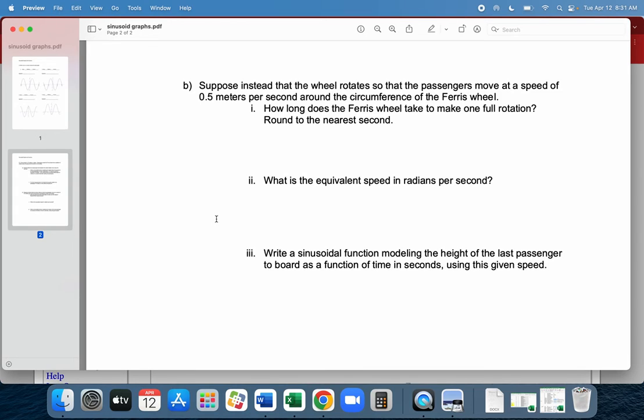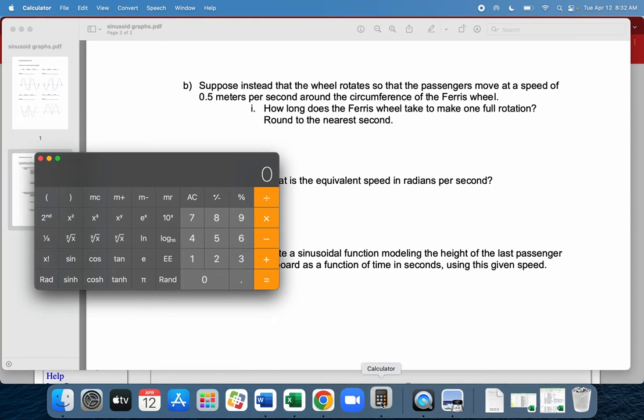So 2 pi radians divided by approximately 201 seconds. About 0.03 or something. Yes. So it's about pi over 100. So whatever, not nice numbers in this problem, but 2 pi radians in about 201 seconds.